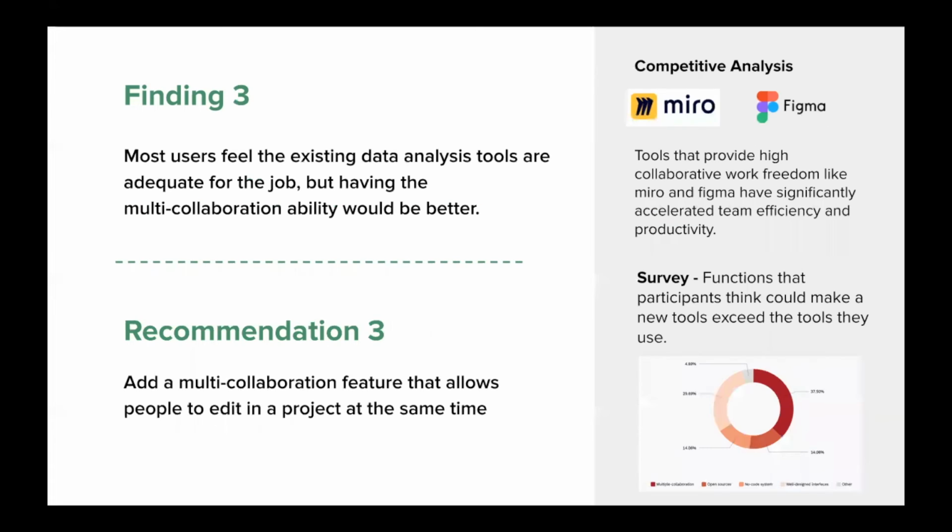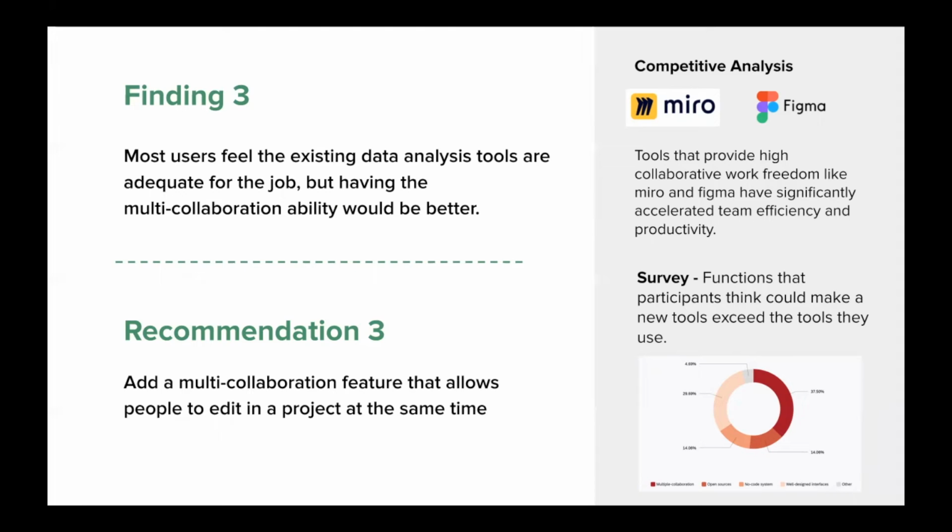Coming to the third finding we learned from this phase of our user research, most users feel like the existing data analysis tools are adequate for the job, but having multiple collaboration ability would be better. In comparative analysis, we found tools that provide high collaboration work freedom, like Miro and Figma, have significantly accelerated team efficiency and productivity.